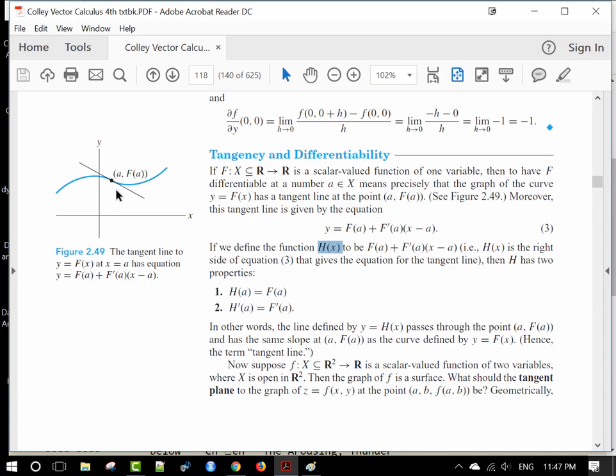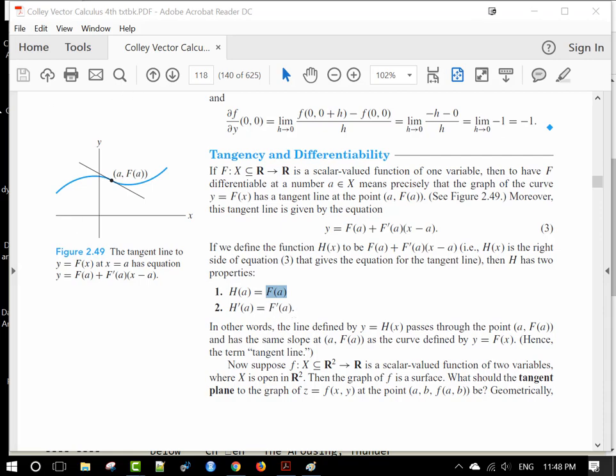So what are we going to do now? We're going to take our equation for the plane and set it to h. We're going to say that our plane at a, b has exactly the same height as our surface, but this one's going to be a little bit more complicated.